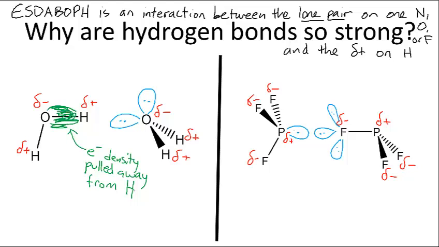So, when this other oxygen lone pair approaches, there's nothing there blocking its access to that positive charge.